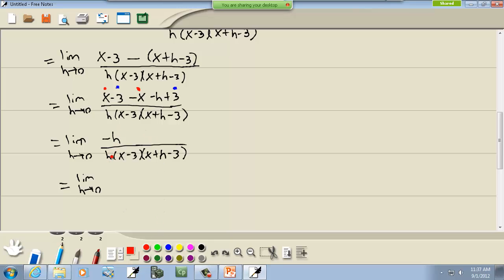Now down below we have h times something, and on top we have an h, so those h's are going to cancel. We're left with a negative 1 on top, and down below we have x minus 3 times x plus h minus 3. The h out in front was what was causing us a problem, and it's now gone. So now we can do direct substitution, plug 0 in for our h.